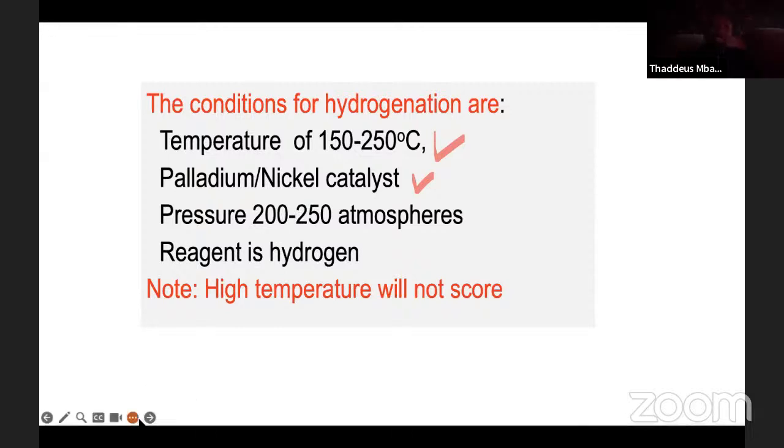In fact, the question can start like this. A student from Alliance High School wanted to obtain oil from groundnut. He crushed the groundnut. Then the examiner asks something very simple: name the two apparatus that were used.